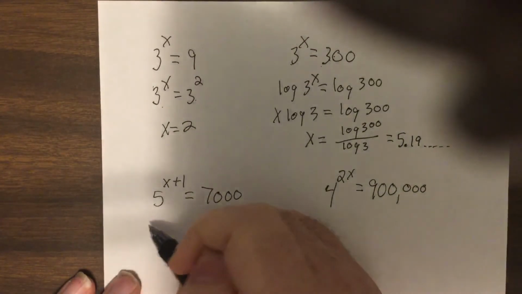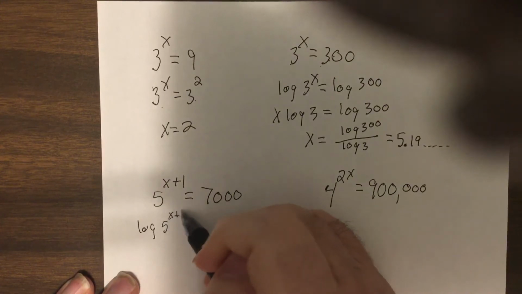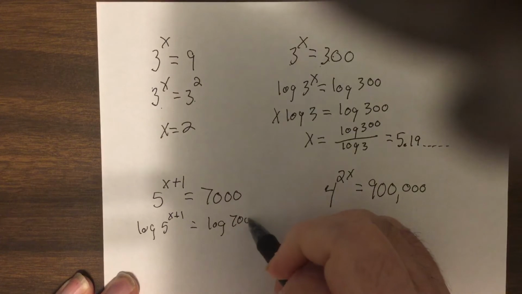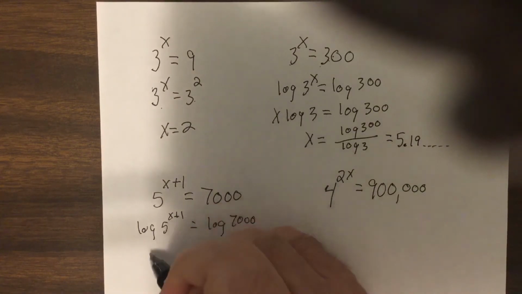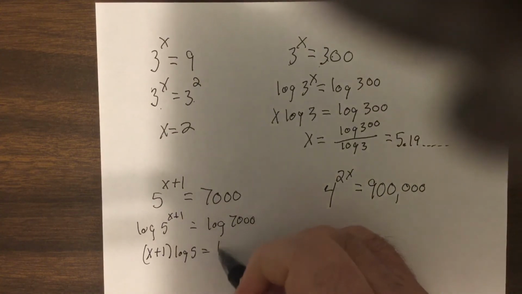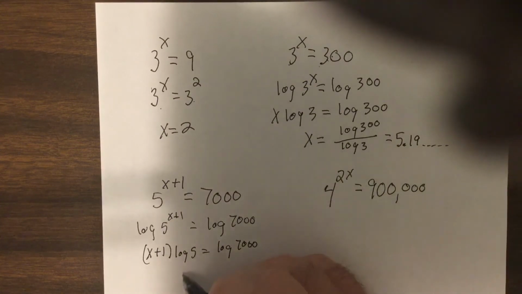So the next one, take log of both sides. Then I'm going to bring the x plus 1 out. Divide both sides by log of 5.